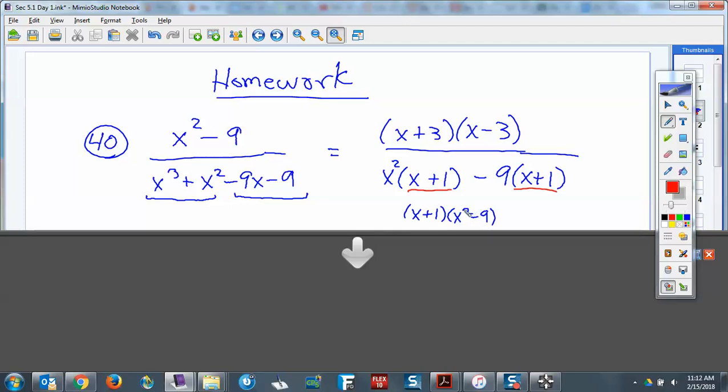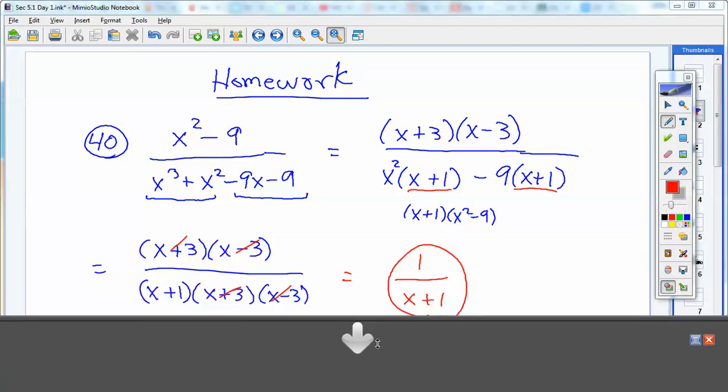And then what can you do with this x squared minus 9? Factor that down into x plus 3, x minus 3. Now, as it turns out, we wouldn't have had to even factor the x squared minus 9, because we'd have had x squared minus 9 up here, and x squared minus 9 down here, and we could cancel those. But since I had already split those apart, cancel those.